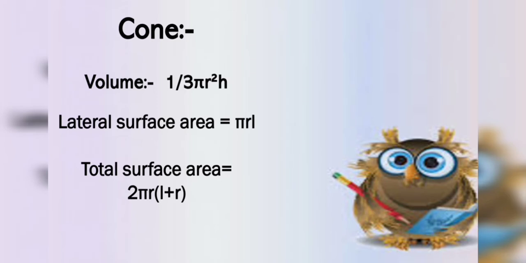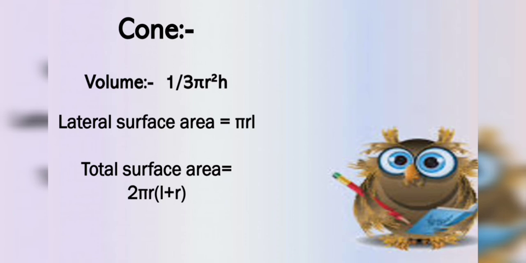Now let's see the volume, lateral surface area and the total surface area of the cone. Here we got a new term, that is lateral surface area. We will discuss this in the next slide. Quickly discussing the first, that is volume.